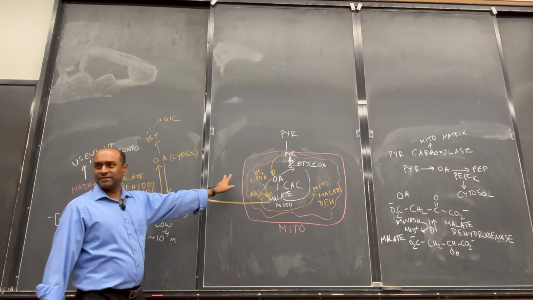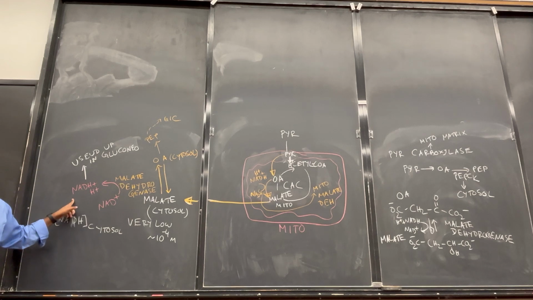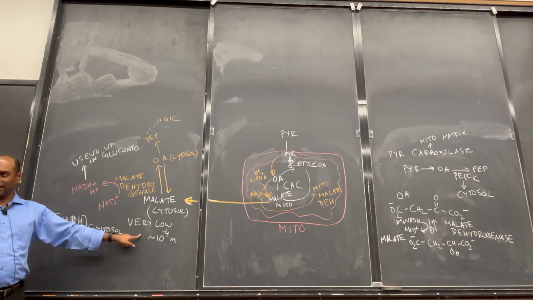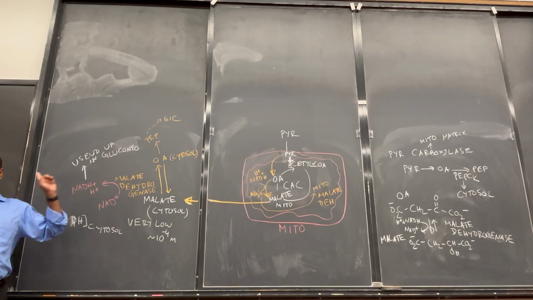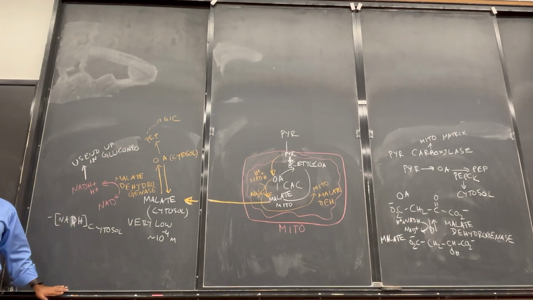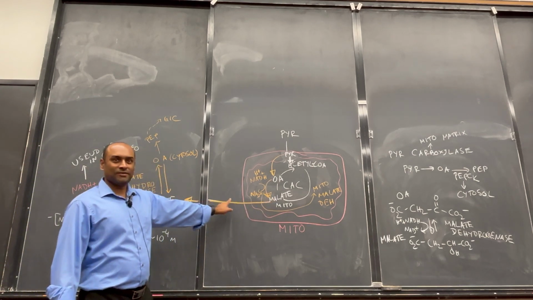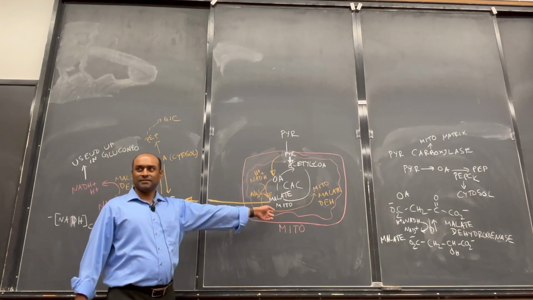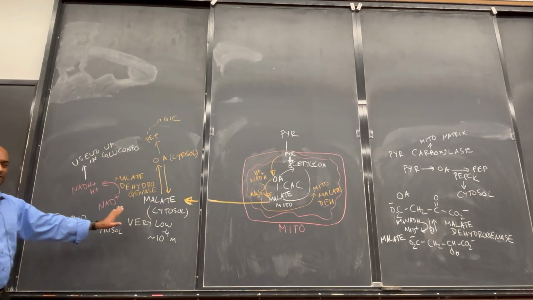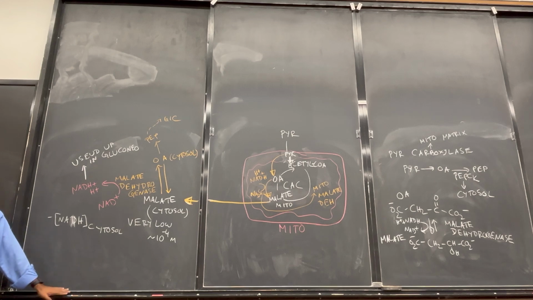And if that simply happened, then we would not get NADH, right? Yes. So if OA just came out, we would not be able to generate the NADH. And because the cytosolic NADH is very low, simply OA coming out would not help gluconeogenesis, right? So you go to malate, then malate comes out.